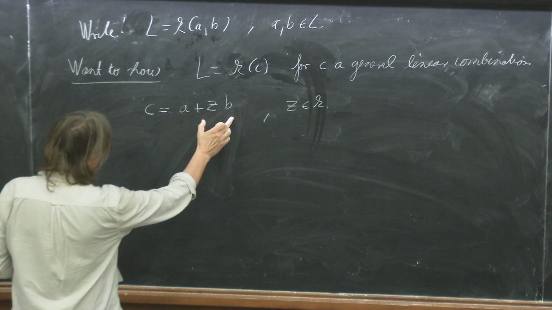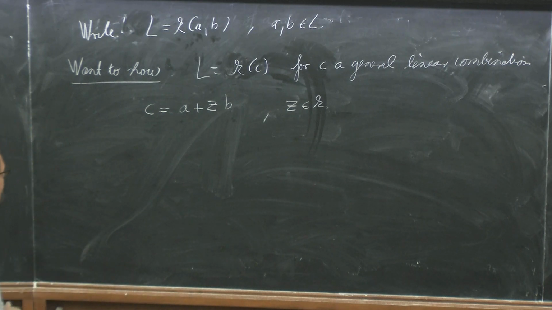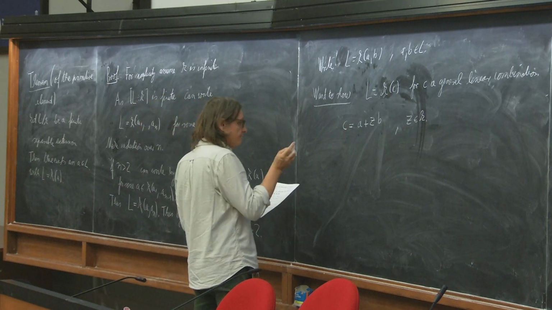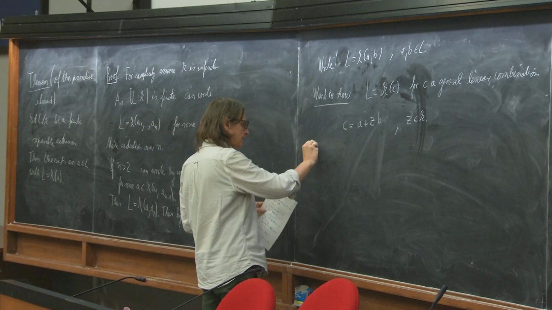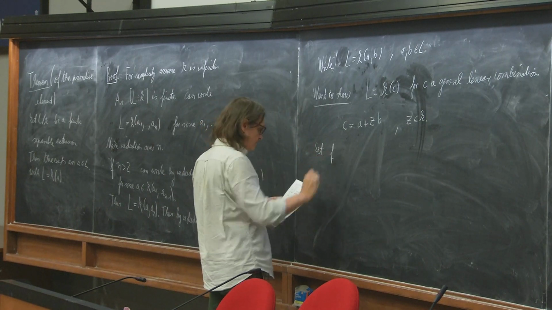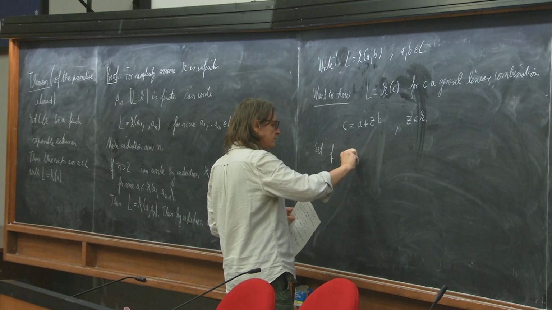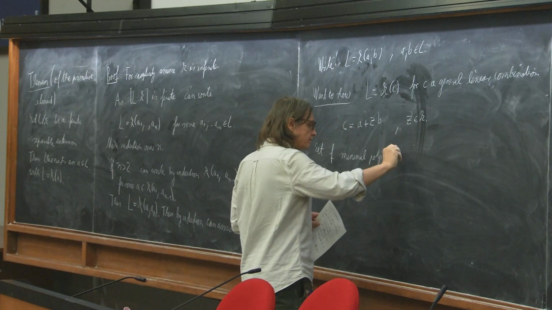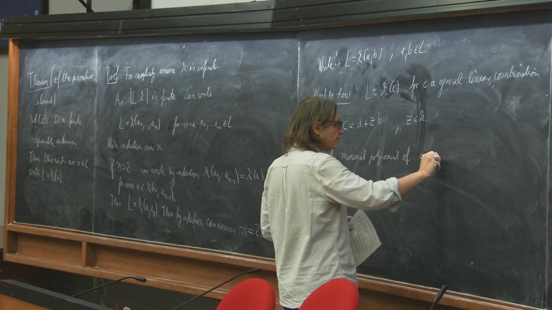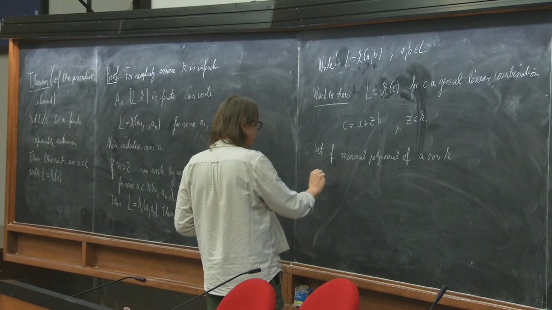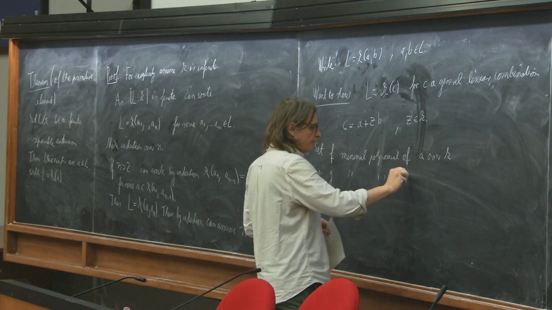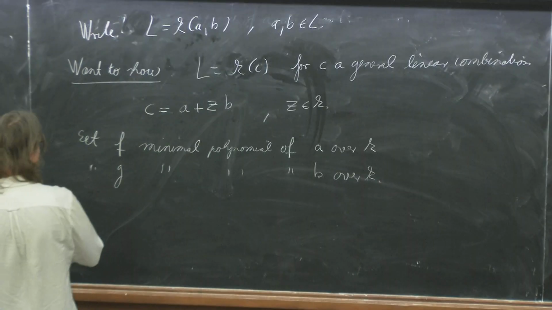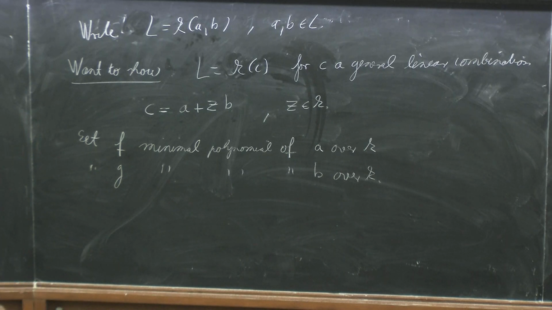So let's look at the minimal polynomial of these two and look at the zeros of this minimal polynomial in some extension of K. So let f be the minimal polynomial of a over K, and g the minimal polynomial of b over K.